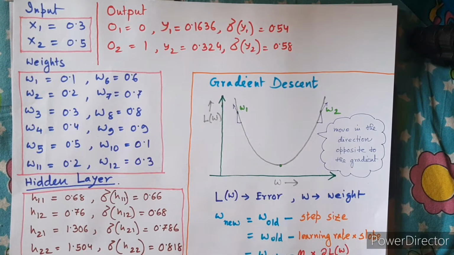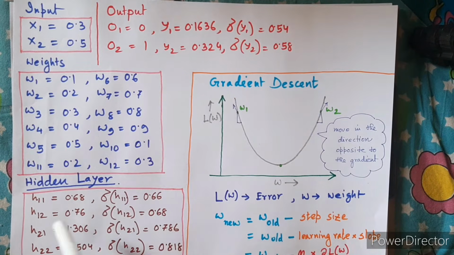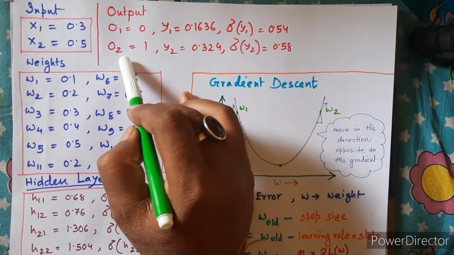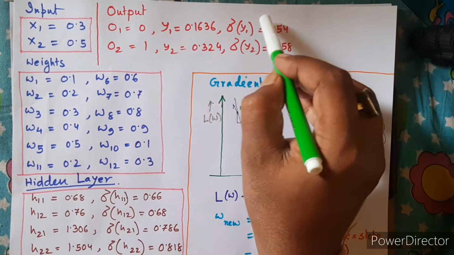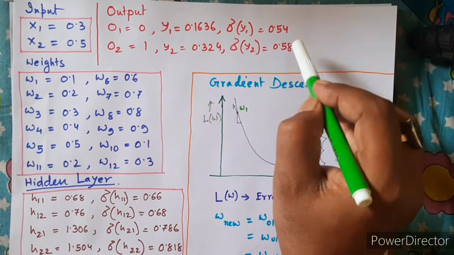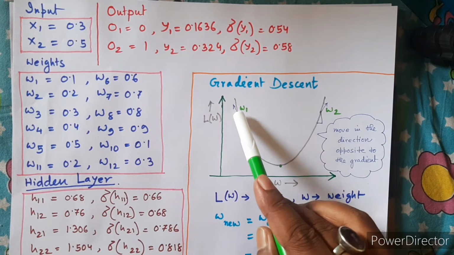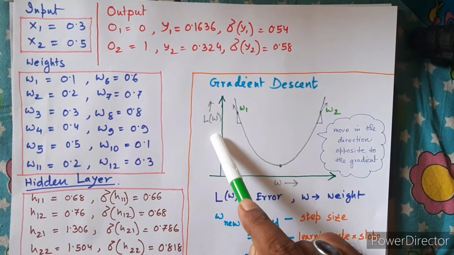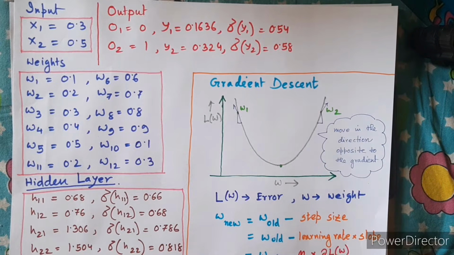So you can see all the input values, all the weight values, and all the hidden layer inputs and outputs calculated, and the output layer, this is the targeted output, this is the input for those outputs, and this is the actual output. Okay, so now I will explain how you can calculate the new weight value so that your loss will be minimized. So let's explain it with the gradient descent.